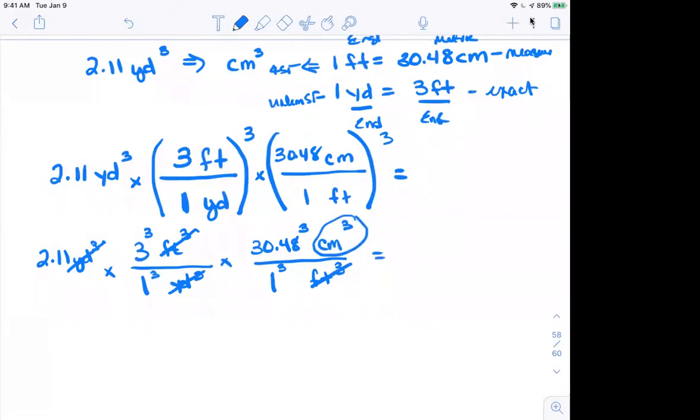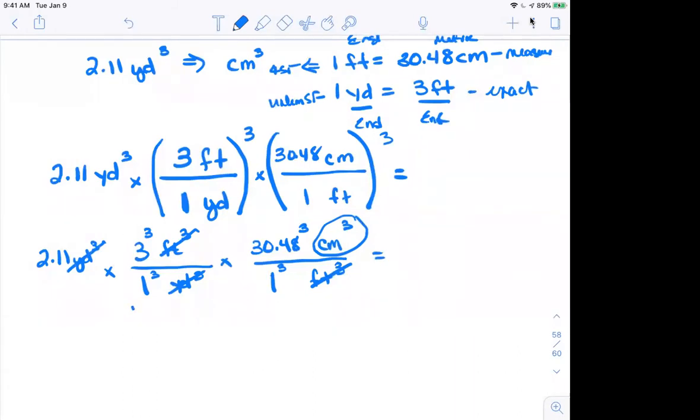What I have to make sure is I raise those numbers to the power that they're supposed to be, right? So I have 2.11 times 3 cubed. 3 times 3 is 9, times 3 is 27.